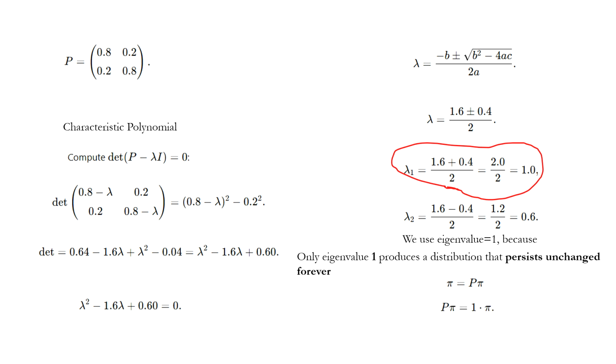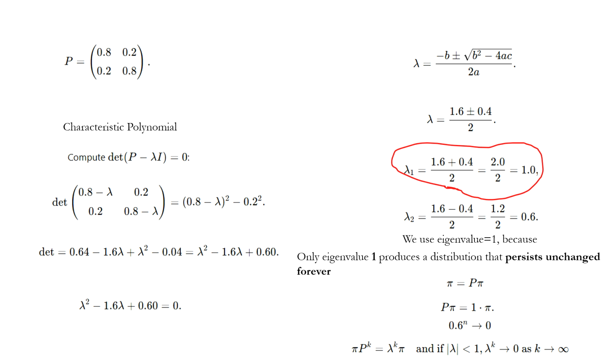We've got that 1 times pi, okay? And I was a little bit ahead of myself earlier, so I apologize. But here's the reason why 0.6 to the n will go to 0. Here's a little bit of the algebra that leads to that: lambda to the k will go to 0 as k goes to infinity, okay?